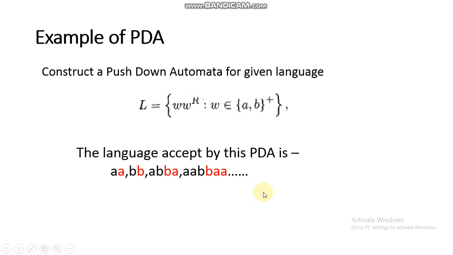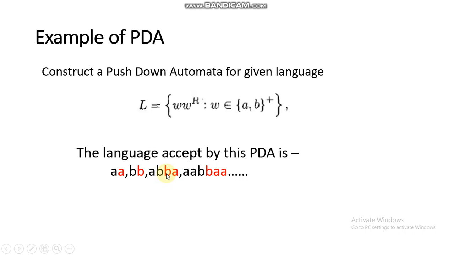So how to construct the PDA for those languages with those strings? If we think like that, when a comes, and then again a comes, then we pop the a. For b b, when b comes, and again b comes, we pop the b. For the third one, a b b a, we push a into the stack, then b into the stack.